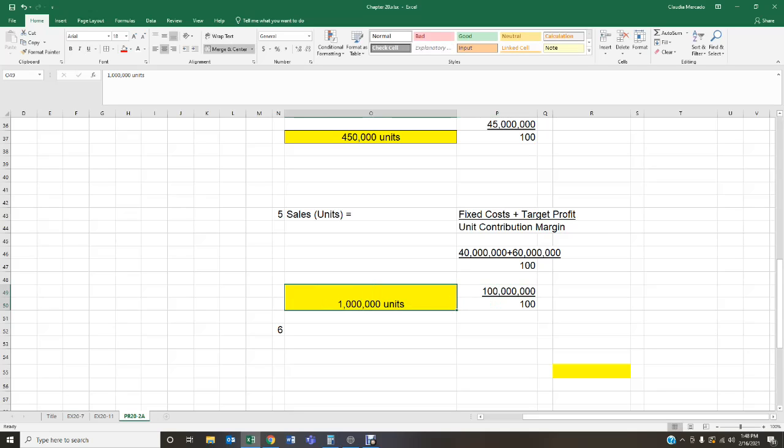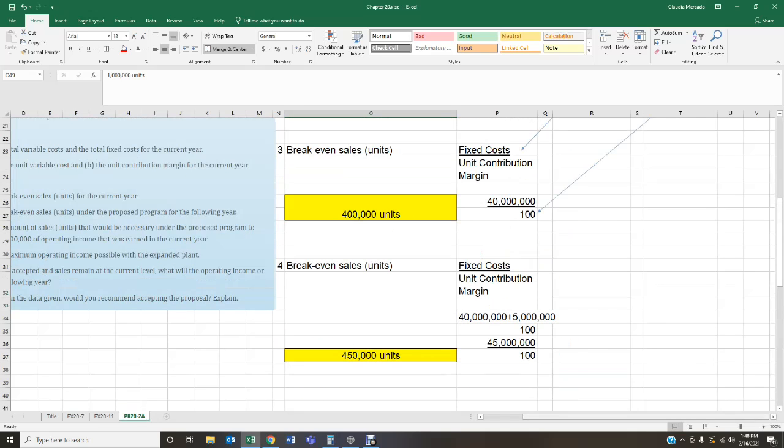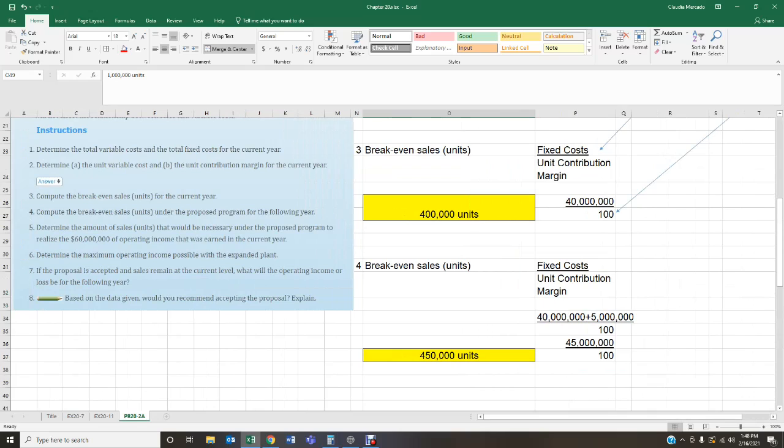1 million units. So requirement 5 says, determine the amount of sales units that will be necessary under the proposed program to realize the 60 million of operating income that was earned in the current year.